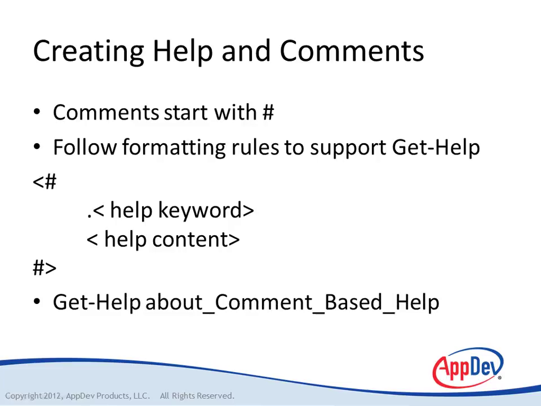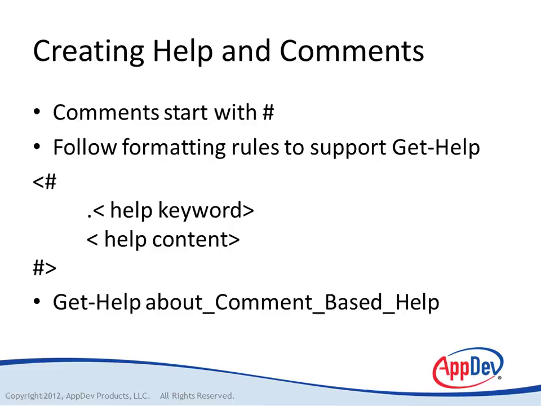Now, like I said, this is incredibly rich, and so I would refer you to the about_comment_based_help topic, which will show you all of the possible keywords that you can use, things like synopsis and examples and just a whole bunch of them. And it also has good examples.